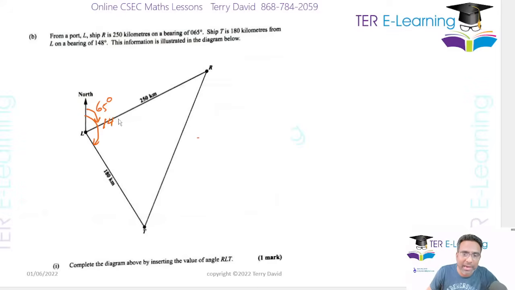The angle that they want me to work out, because they said show RLT, is this angle here. Now that angle RLT is simply going to be 148 degrees minus 65 degrees.